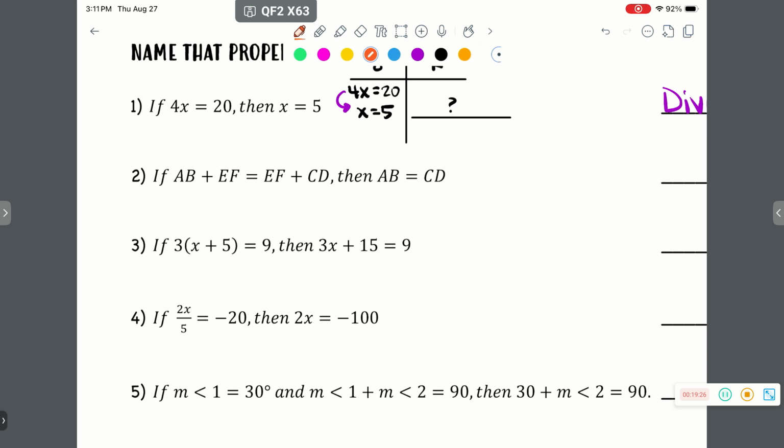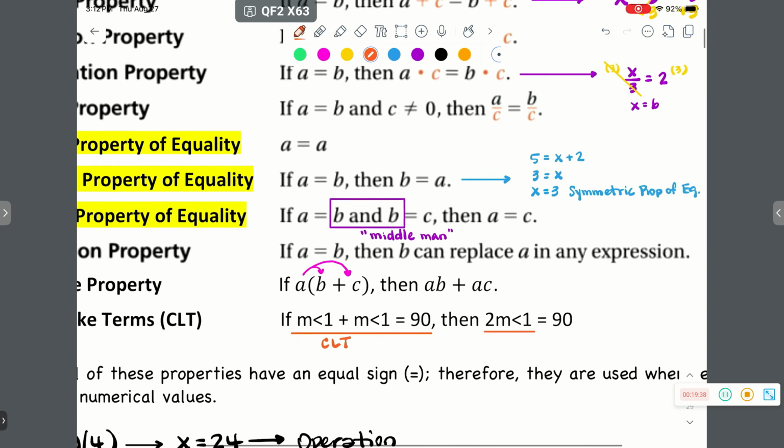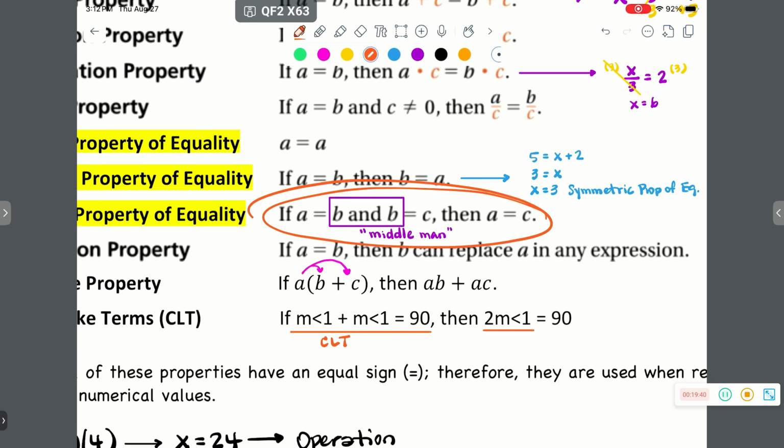Let me guess. Oh. It is not. I know I was really tricky with this one. The reason why it's not the transitive property: how many equal signs do you have to see in order to use the transitive property? 3. This equals this, that equals that, so this equals that. You have to have 3 equal signs. We don't have that here.